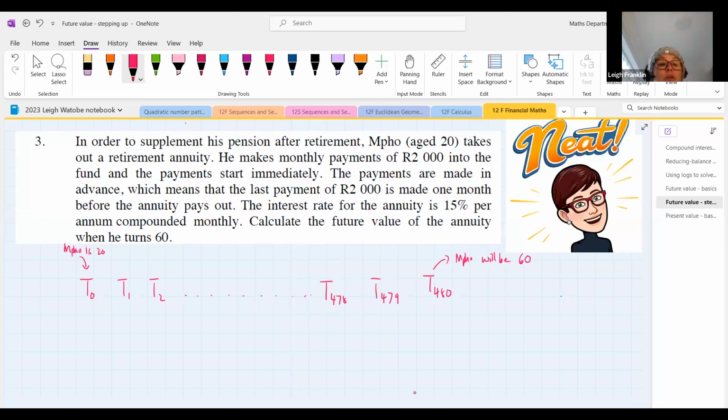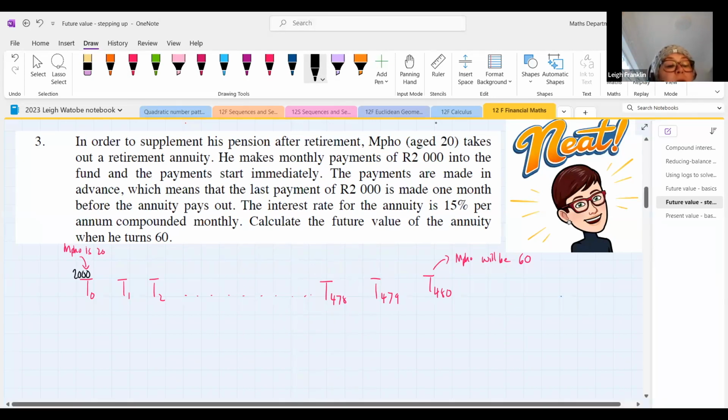He makes monthly payments of 2,000 Rand into the fund, and the payments start immediately. So is there a payment at T0? Yes, absolutely. So he pays 2,000 Rand here, and 2,000 Rand there, and 2,000 Rand there.